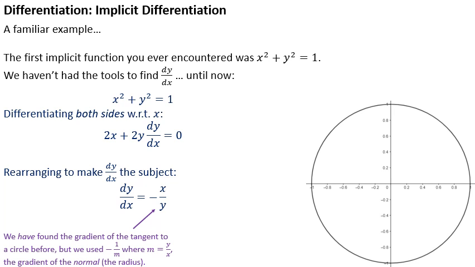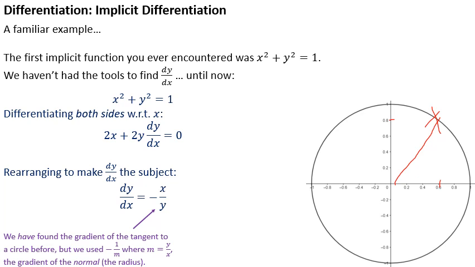But we can think about this, we can see why it makes sense for a circle. Previously, when you found the gradient of a tangent to a circle, you would consider the x and y coordinates of the point you're interested in. So for instance, you might be up here somewhere. You look at the line from the origin all the way up to your point. That radius line, you already know the gradient of it because it depends on the x coordinate and the y coordinate of your point.